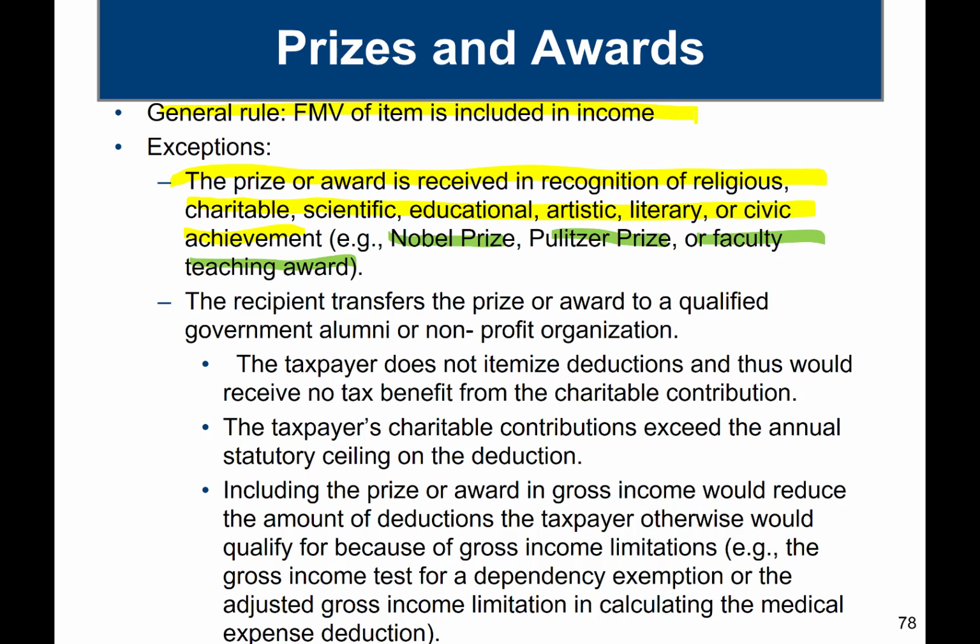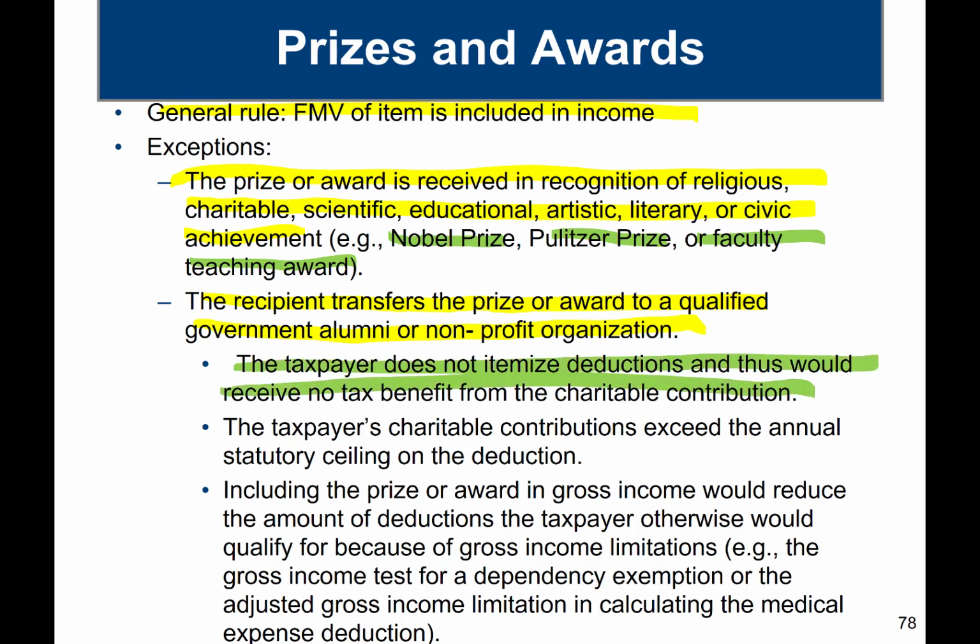The recipient can transfer the prize or award to a qualified government, alumni, or nonprofit organization. So let's say you don't fall in these categories and you don't want to pay the tax on it, essentially. You just give the award over to a nonprofit organization. Now, they'll let you do this if the taxpayer does not itemize deductions.